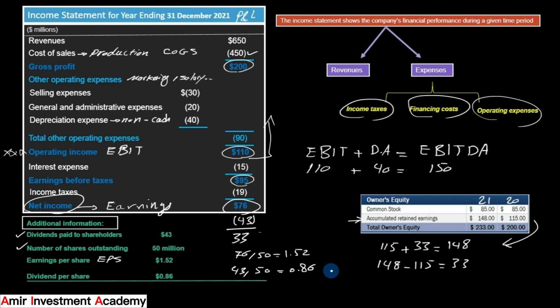These numbers matter a lot to investors because, let's say out of the whole 50 million shares you own 1 million shares. You want to know what the earnings are in terms of per share. That's the information normally provided on the income statement. By the way, dividend per share is also called DPS. These are abbreviations of terms that you might see a lot on income statements.